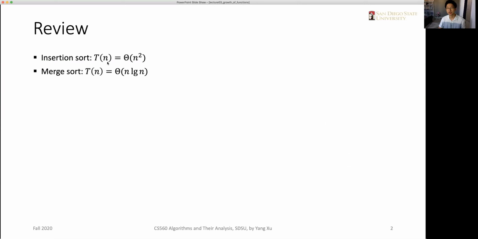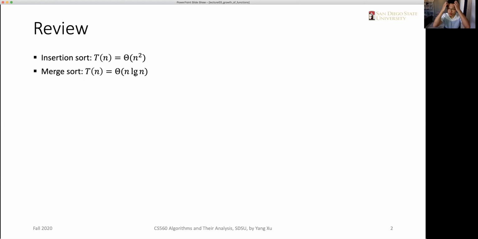And we know that the running time for insertion sort, even in the average case, is still a quadratic running time function. And the function that we use to describe the running time for merge sort is big theta of n times logarithm of n.